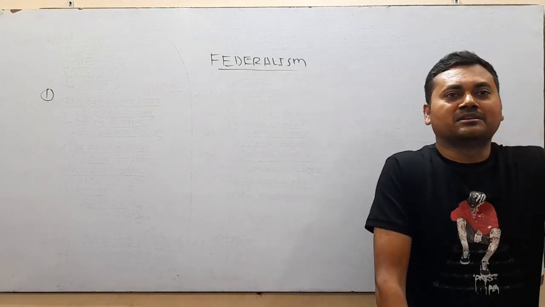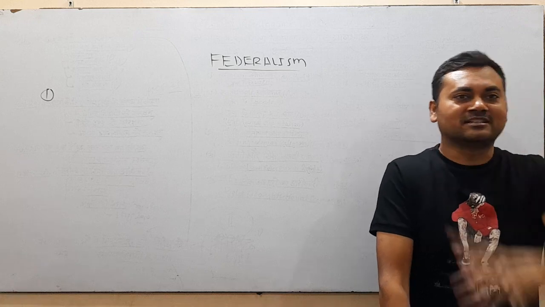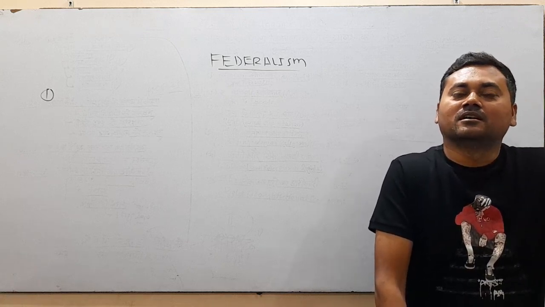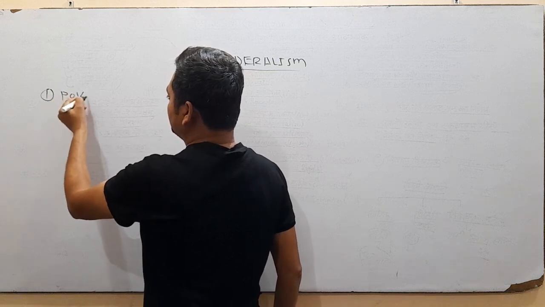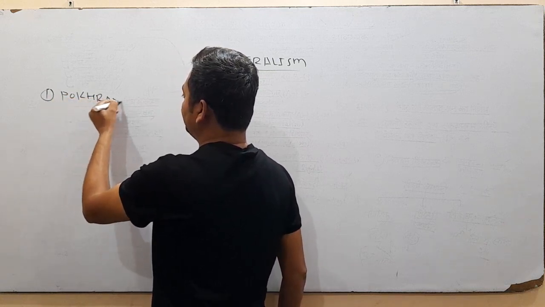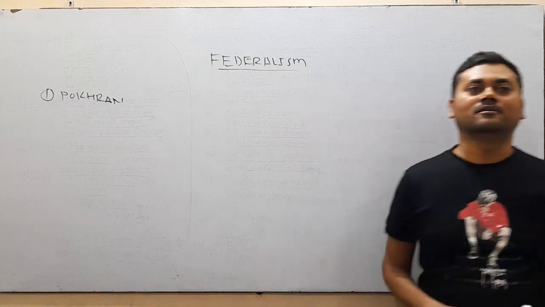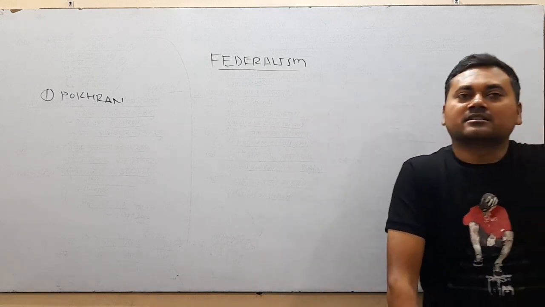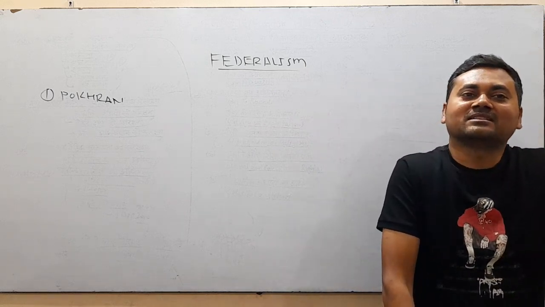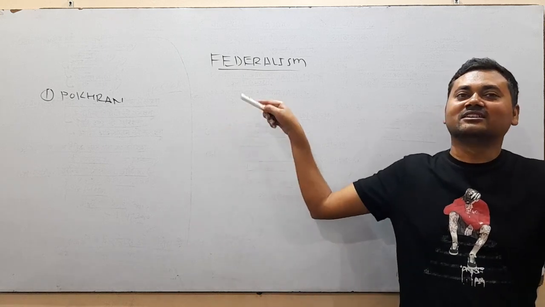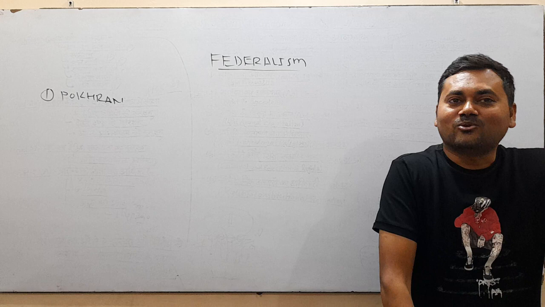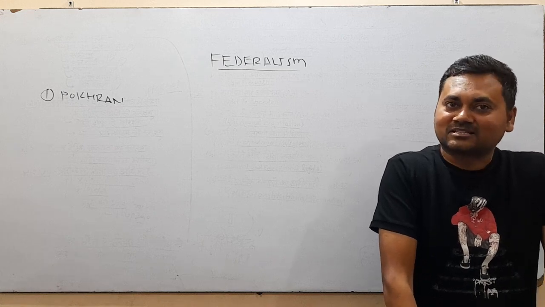the government of India wants to perform a nuclear test in Pokhran. And Pokhran, as we know, is located in Rajasthan. The Rajasthan government does not agree with the central government in connection to this nuclear test. So what will happen in these circumstances?